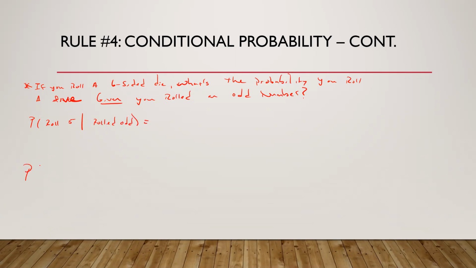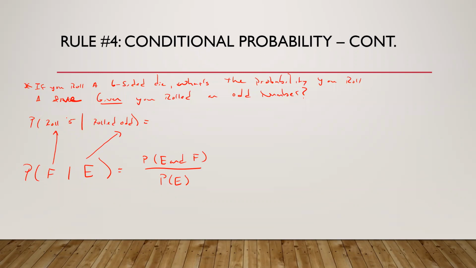This is that formula, the probability of event F given event E just occurred. So my event F is rolling a 5, and my event E is I rolled odd. So this is the probability that events E and F occur divided by the probability that event E occurs.